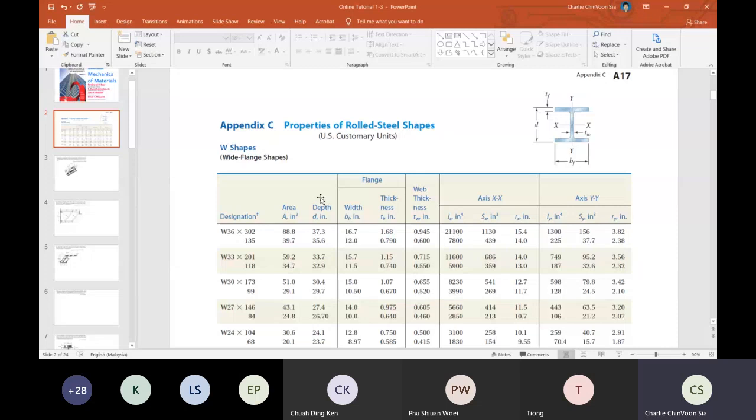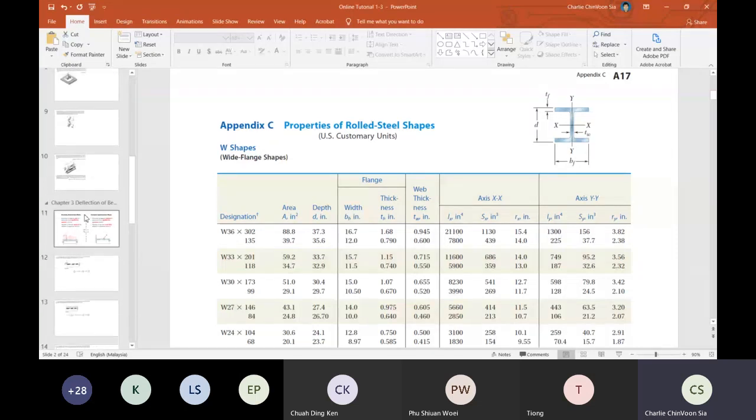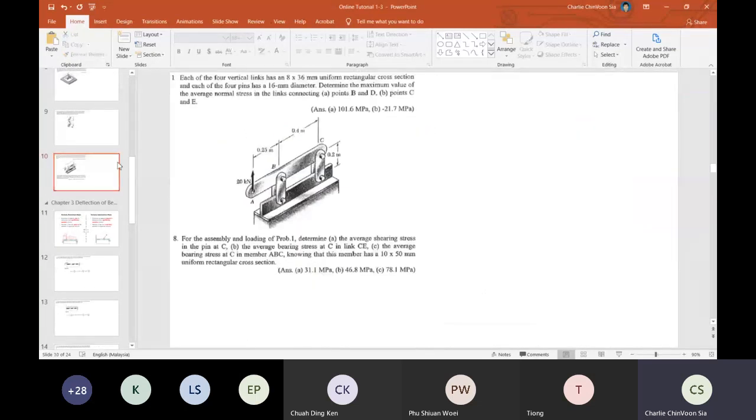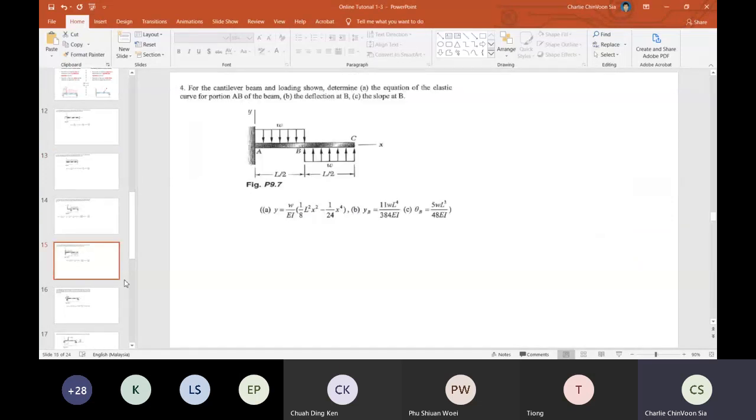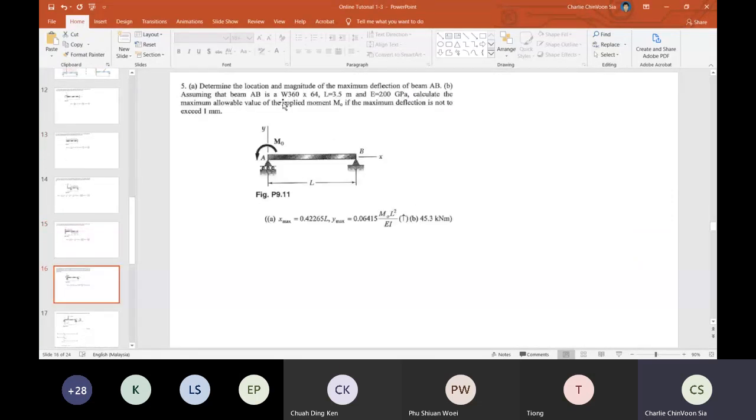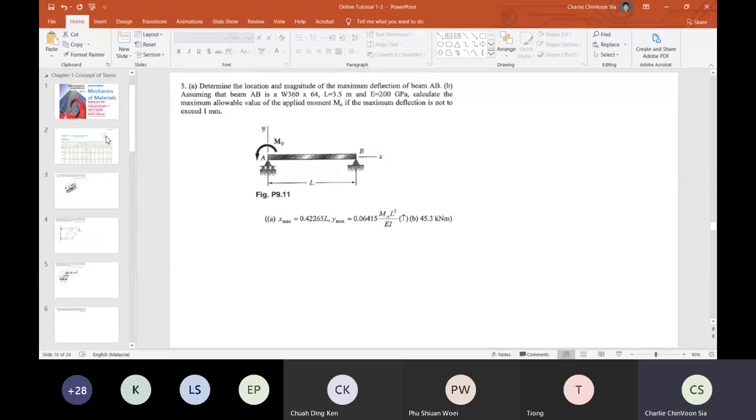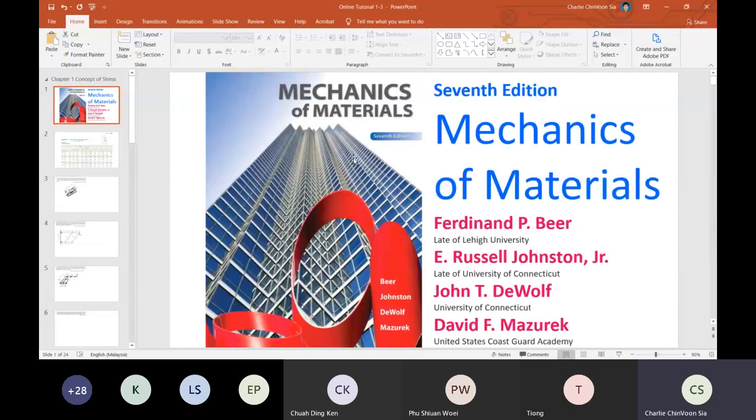Sometimes the question gives it in the property format. So I think it's better for you to try to get this book in soft copy, if possible.